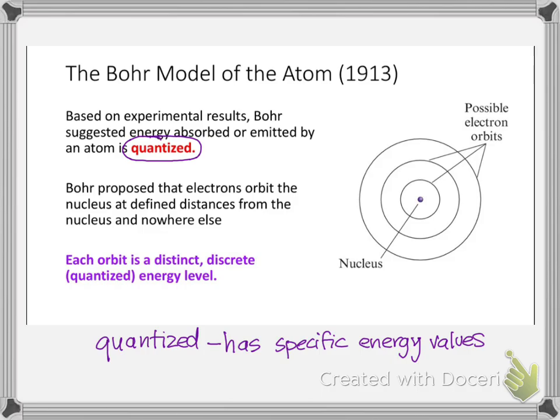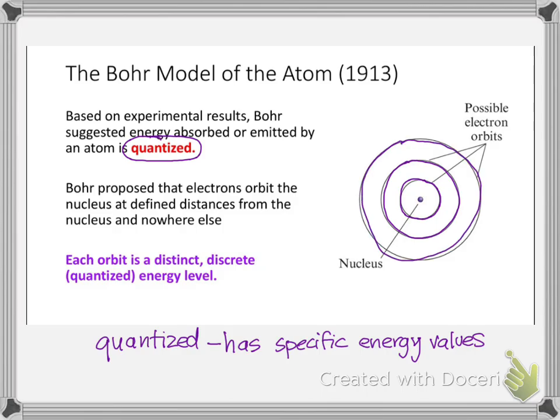The electron did not have any possible energy, but instead had very specific energy values that were allowed. And so what he proposed is you have the nucleus, and that the electrons would orbit at certain energy values around that nucleus.